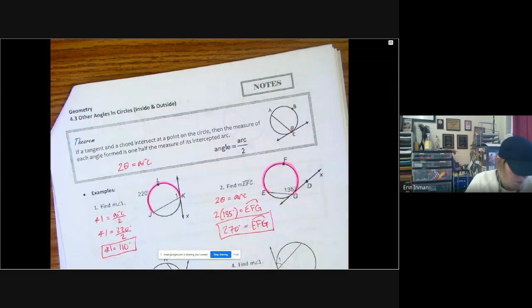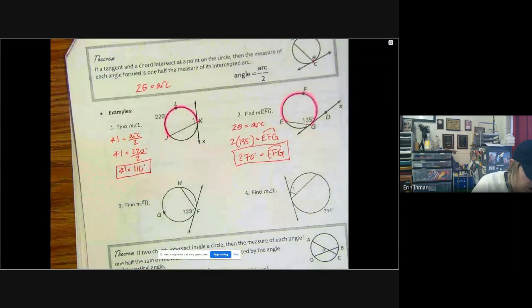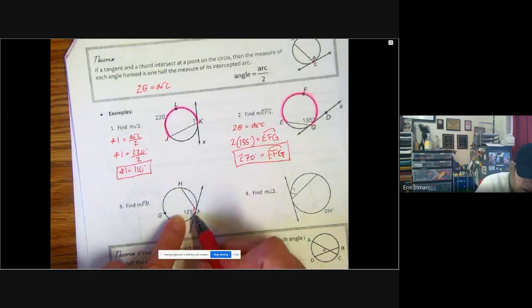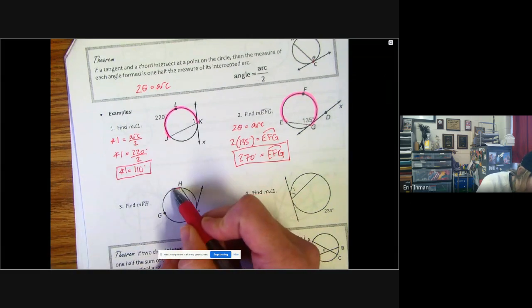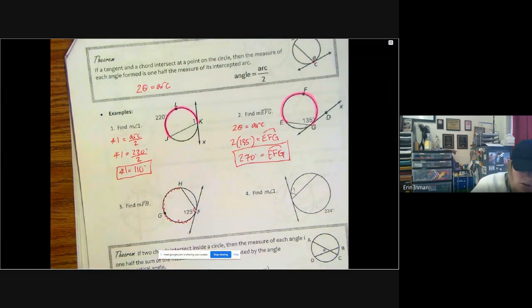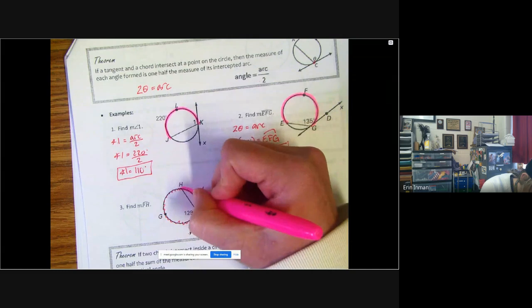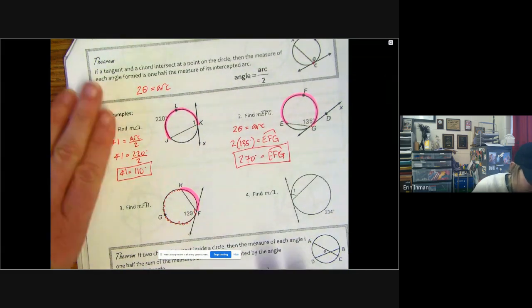Okay, in example 3, this is just a little bit different. Notice they gave us this angle right here, 129, which helps me find this arc, because that's the arc that it opens up to. But we are looking for that arc right there. So there's really 2 ways of doing this.